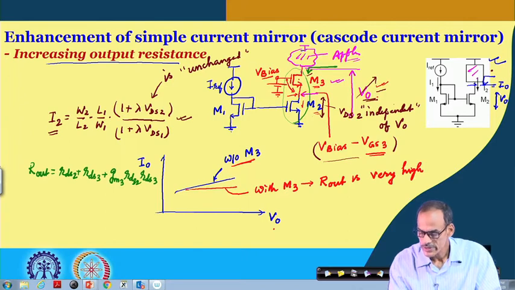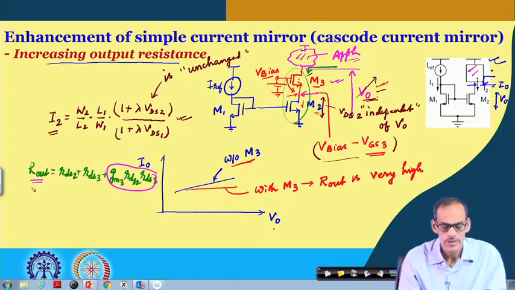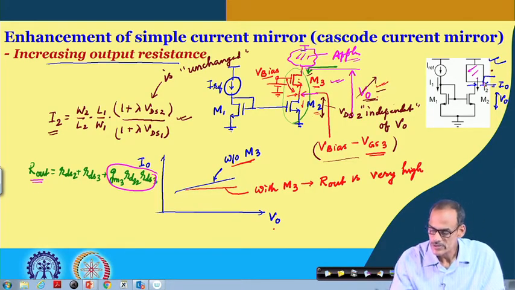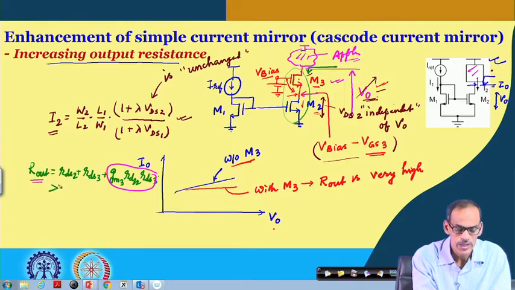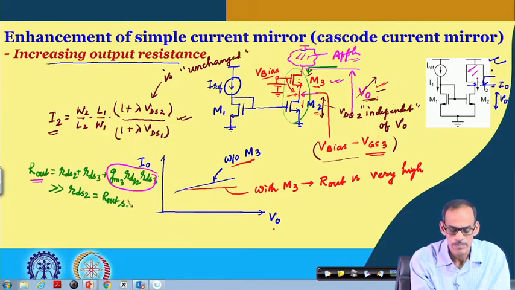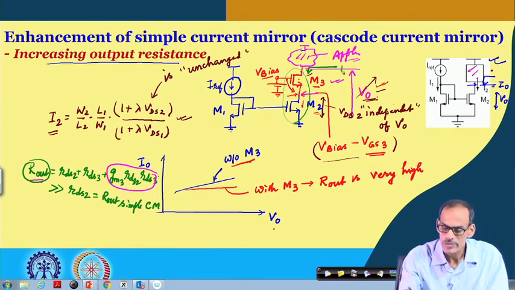Because of this additional factor, this output resistance is much higher than this case, where the output resistance was R ds 2, which is R out of the simple current mirror, and this is the output resistance of the modified one.